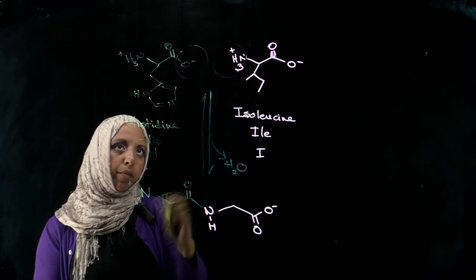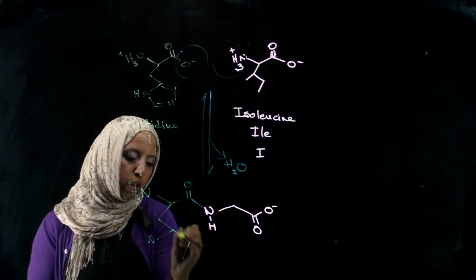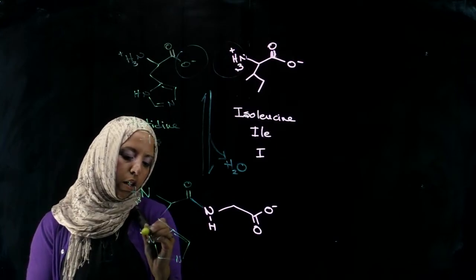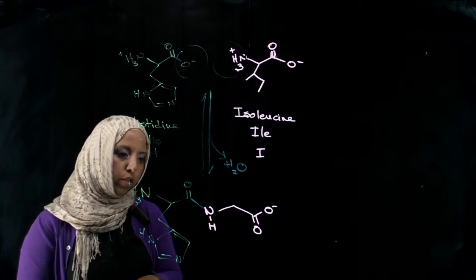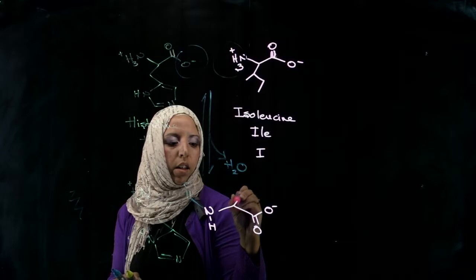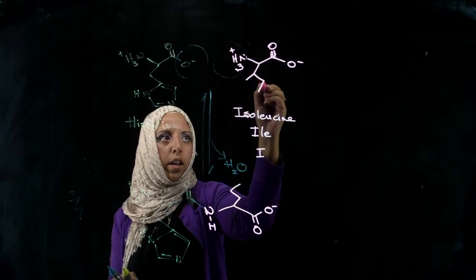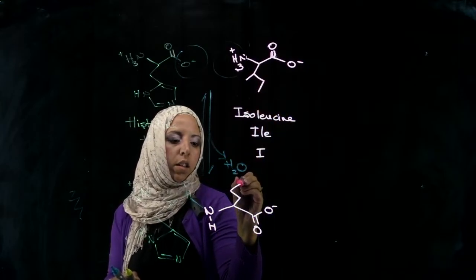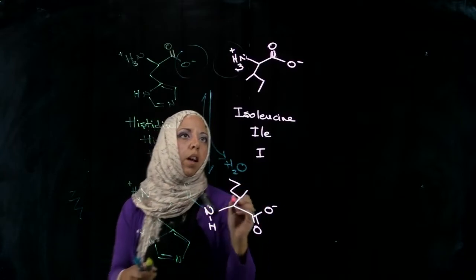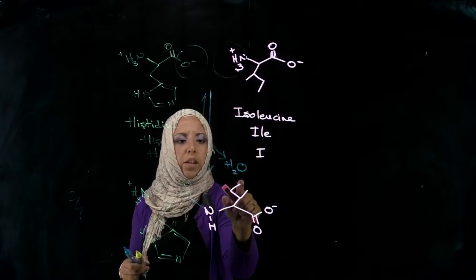For histidine, the side chain is drawn here, and for isoleucine, it's alpha, beta, gamma, delta. I have one extra carbon here.